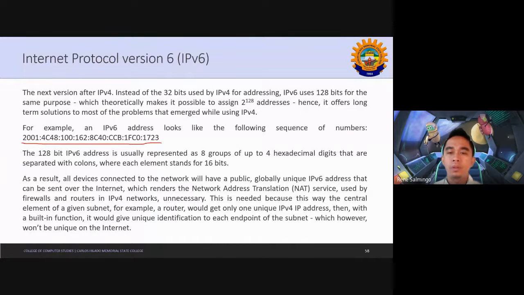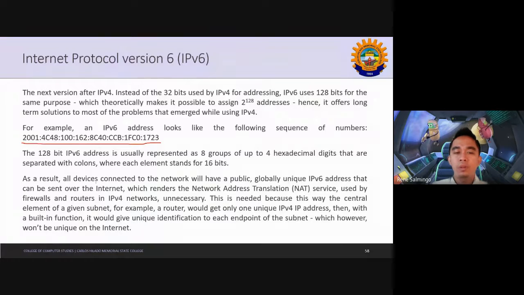So the 8 groups of 4 hexadecimal digits are separated with colons, where each element stands for 16 bits. Okay, so each one is 16-bit as compared to your IP address, where each is 8-bit.